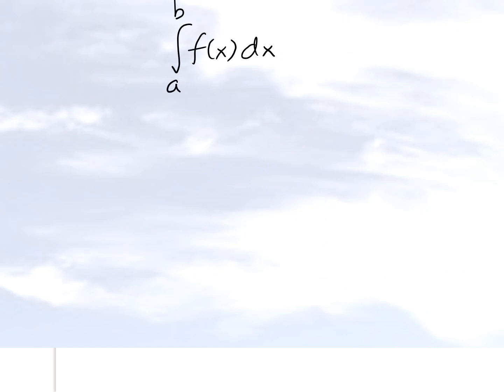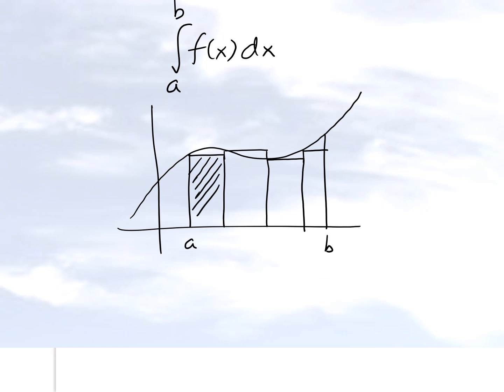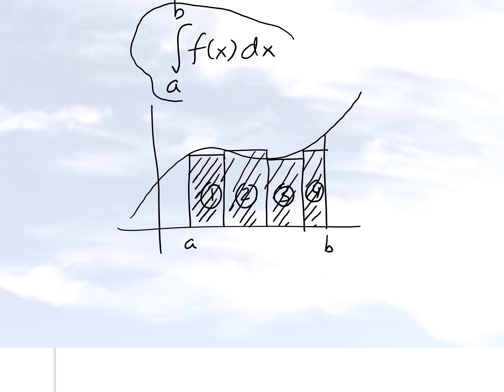Say, go ahead and find this integral. Graphically, let's suppose this is my function and I want to integrate from a to b. I'm going to use the left-hand Riemann sum, which you are familiar with, and this is what I'm going to get. This is going to be this rectangle area here, this rectangle area here, this rectangle area here, and this rectangle area here. So I have 4 rectangles, and if I calculate the sum of the areas of the 4 rectangles, I'll get only an approximate value of this integral.